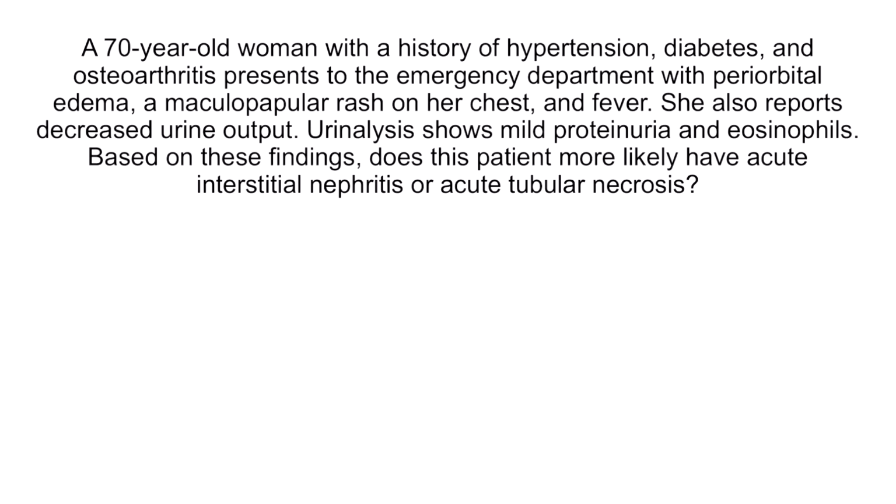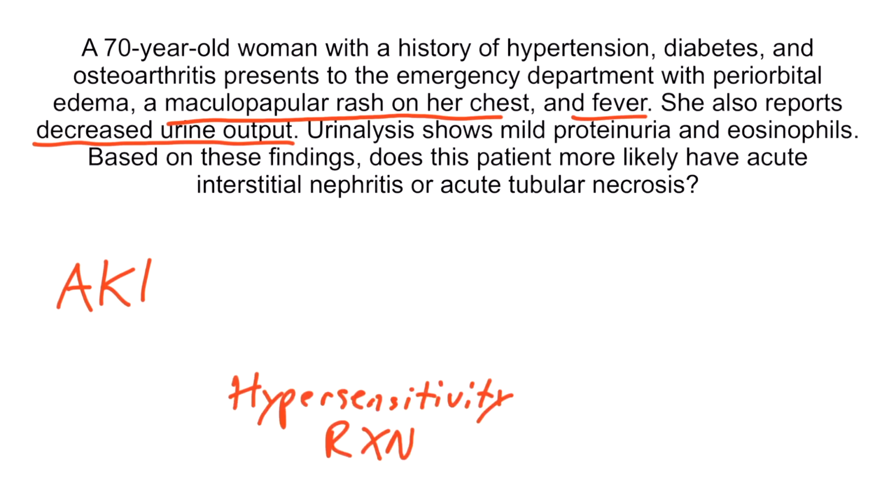So the details that you want to think about here in this patient are the maculopapular rash on her chest and her fever, as well as her decreased urine output. Now, this decreased urine output, or oliguria, makes us think of the possibility of acute kidney injury. And the rash on her chest and the fever make a hypersensitivity reaction a likely cause of the acute kidney injury. But the dead giveaway for a hypersensitivity reaction is the eosinophils in her urine.